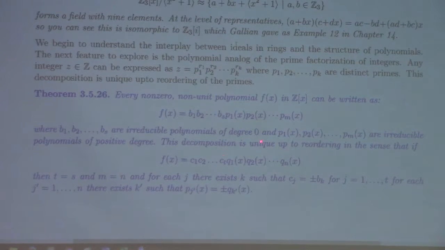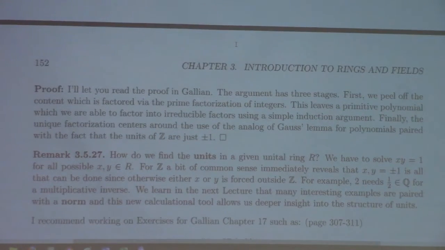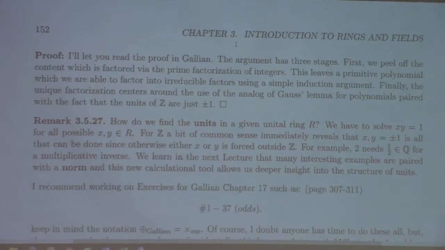So if you had some other such factorization, then you could show basically that these b's and these c's were the same things, just reordered. And the p's and the q's would have to be the same things, just sort of reordered, and possibly multiplied by plus or minus 1 because those are the units in Z. The proof in Gallian is pretty easy to read. It's 3 stages. Again, it uses content. I'll let you look at that.